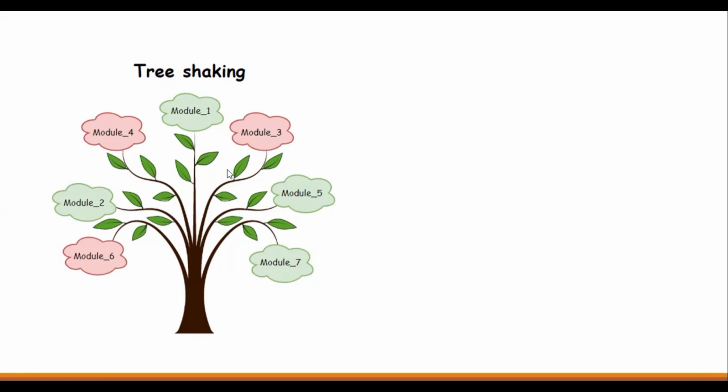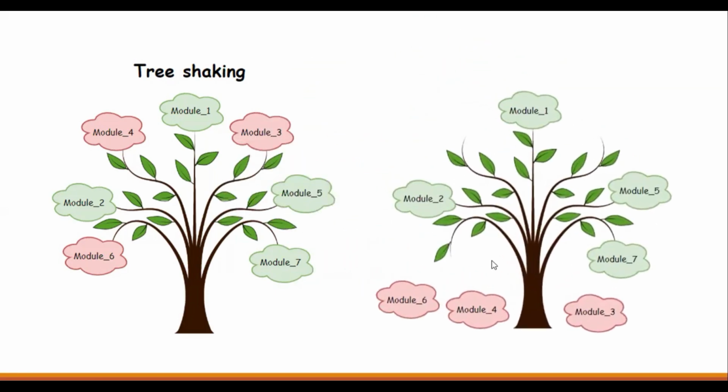This is basically tree shaking, where unused dependencies are thrown out and only dependencies used by the application are added into the final bundle. This is how tree shaking works, and it keeps our bundle as small as possible for production.